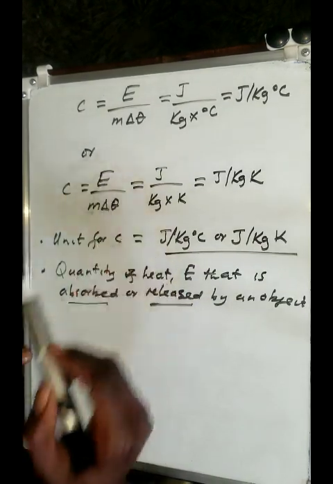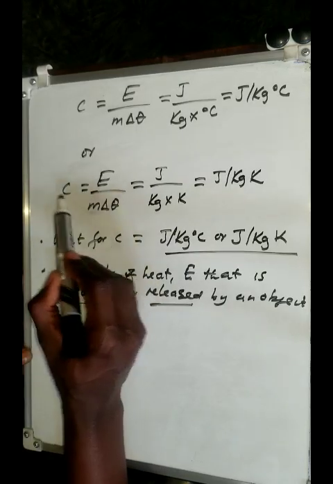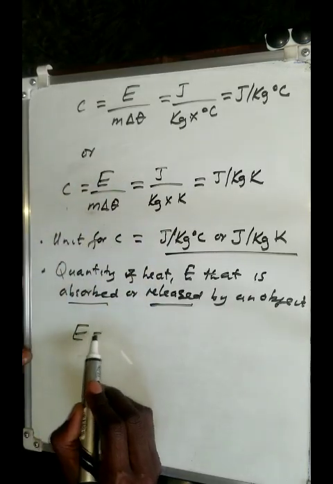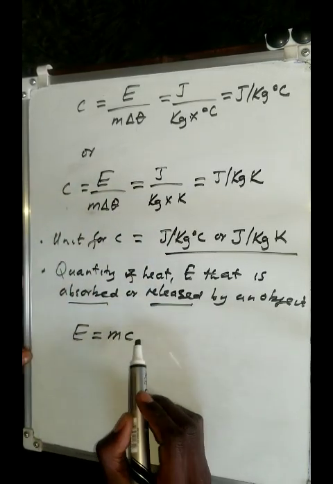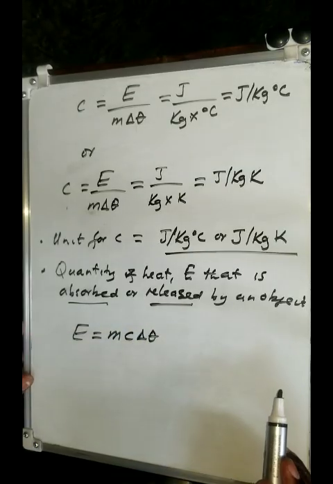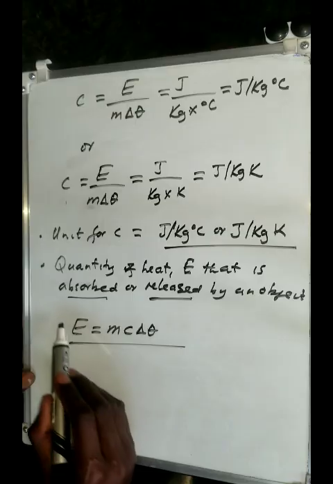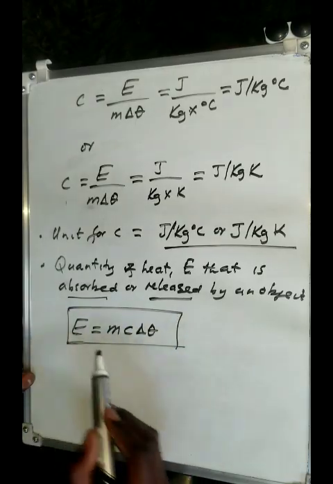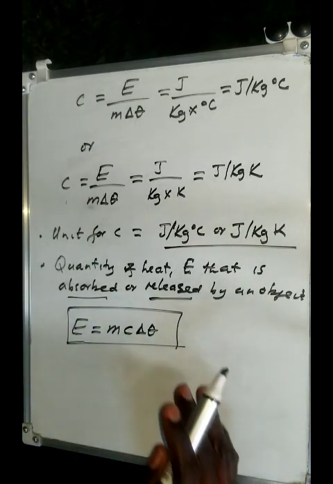We just need to make E the subject of the formula. Cross multiply, so the energy will be equal to mass times specific heat capacity times the change in temperature. So this is what you can use if you want to know the energy that is absorbed or released.